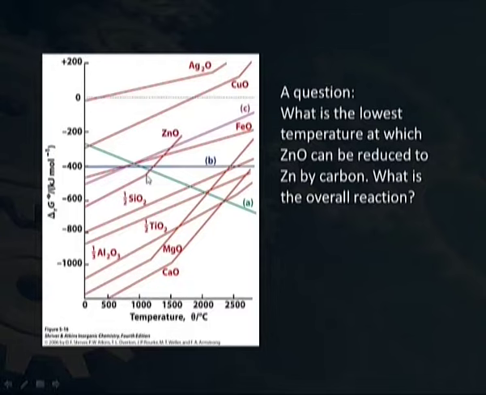You can look at the point of intersection, drop a perpendicular, and read off the temperature from this axis, and you can say that beyond this temperature, carbon is able to reduce zinc oxide. The reaction is as follows: zinc oxide reacting with carbon to form zinc in the vapor state because of the high temperature, and carbon monoxide.